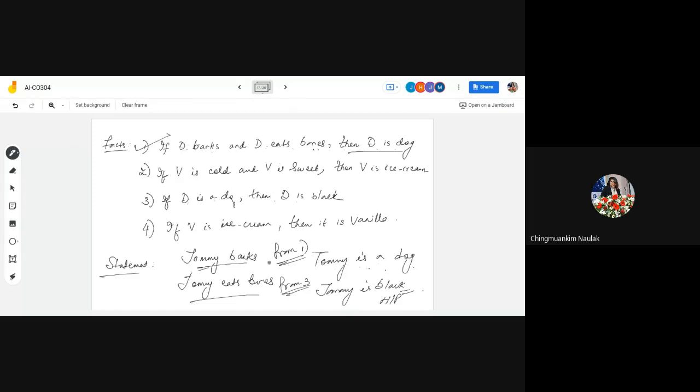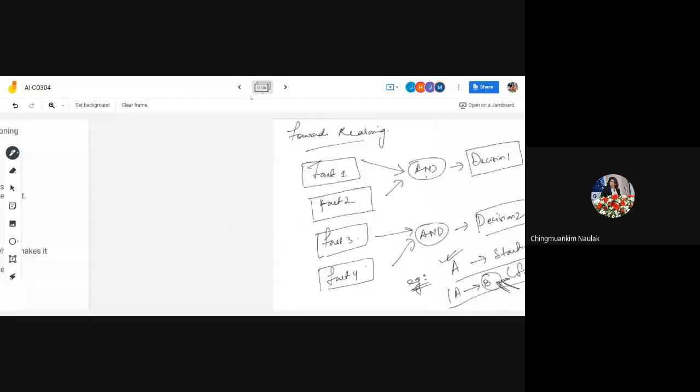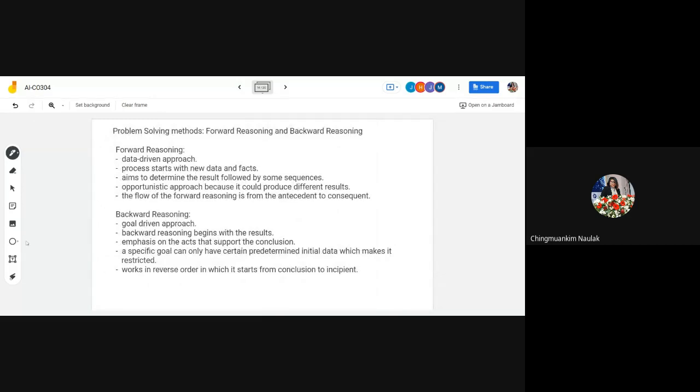You combine fact 1 with this and you come up with decision 1, and then you combine this decision 1 with this fact and you come up with the final decision which you want to prove.